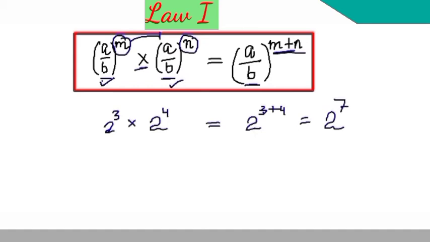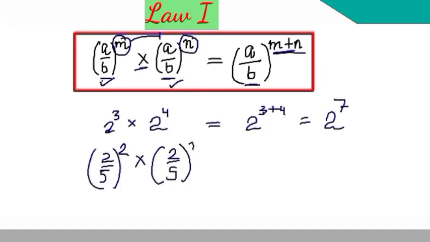Right? Similarly, if you have 2 upon 5 raised to the power 2 multiply 2 upon 5 raised to the power 3. In this case also bases are same, so write it once, 2 upon 5, and the powers will be added.